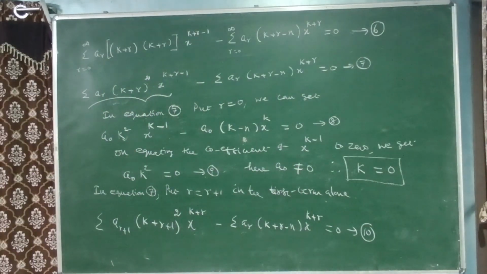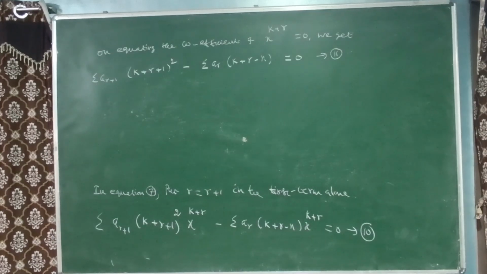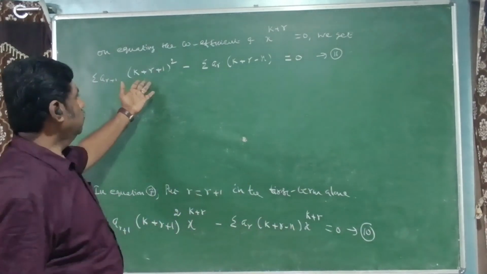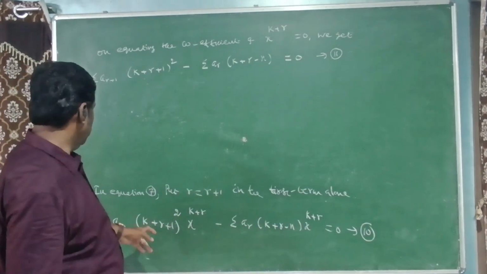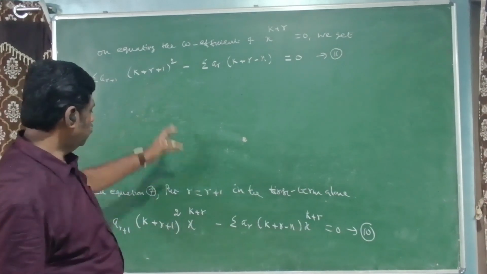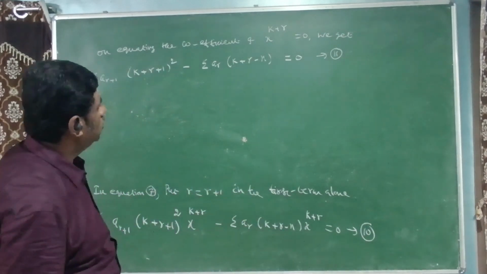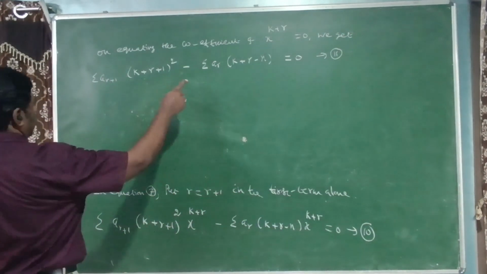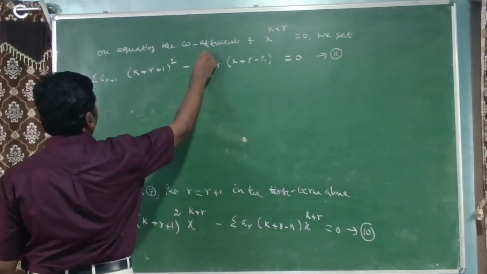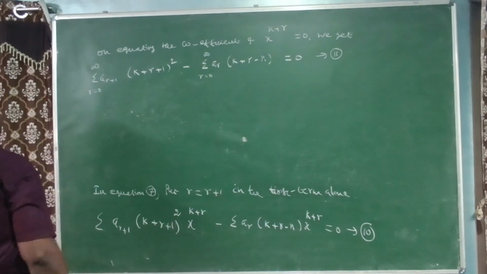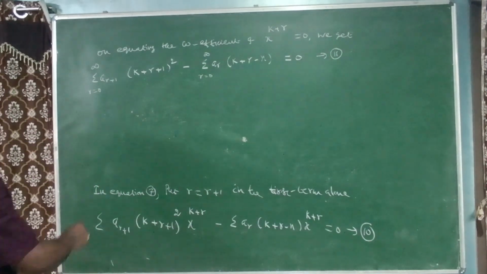Now we have to equate the coefficient of x power k plus r to 0. On equating the coefficient of x power k plus r to 0, we can get equation 11: a r plus 1 into k plus r plus 1 whole square minus summation of ar into k plus r minus n equal to 0. Summation of ar, r equal to 0 to infinity. Here also summation of ar plus 1, limit varying from 0 to infinity.